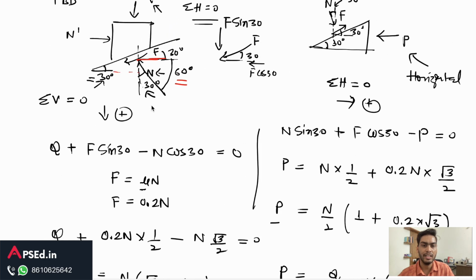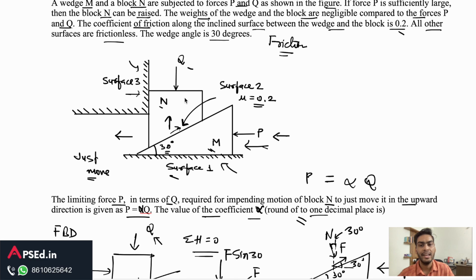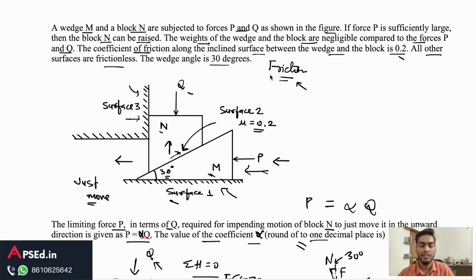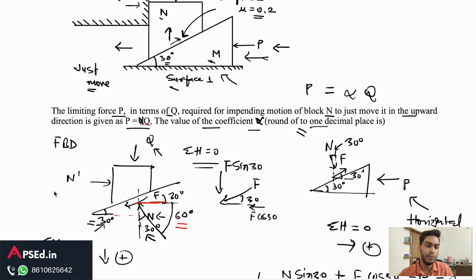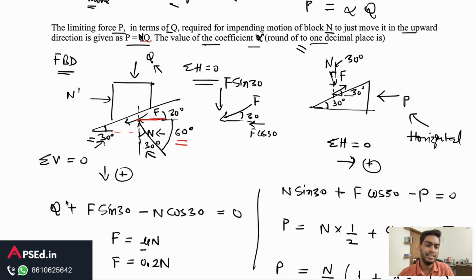So this is what was asked in the question, and to solve this kind of friction related question, it would always be better that you divide the parts in these free body diagrams, and after that it is just writing these equilibrium equations. So if you are not sure whether to write the vertical or horizontal equation, you can write both the equations and see.